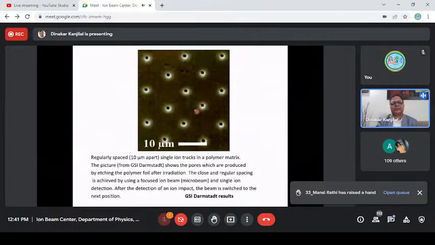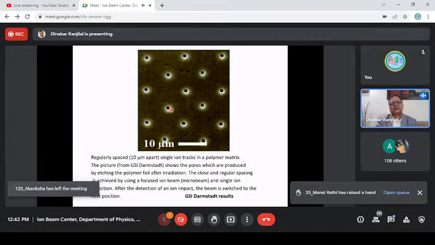So this is a very important thing. Now the question was, the accelerator ion goes everywhere, so how to place it? GSI put in huge amounts of money. What they did was put an ion beam on a small aperture, and by piezo they can change the sample position. So they could see tracks, points placed within a fraction of a micron to a few microns distance from each other.